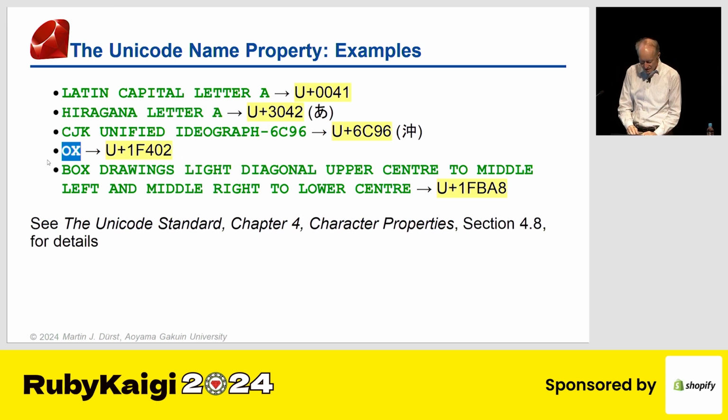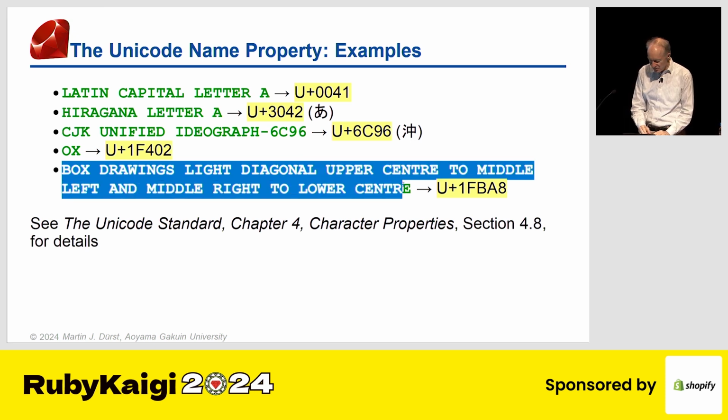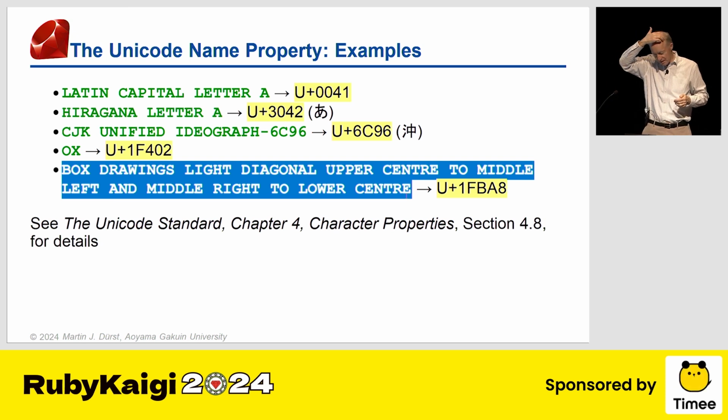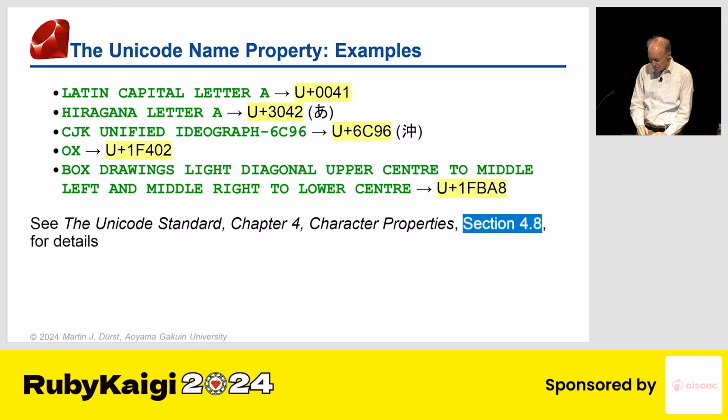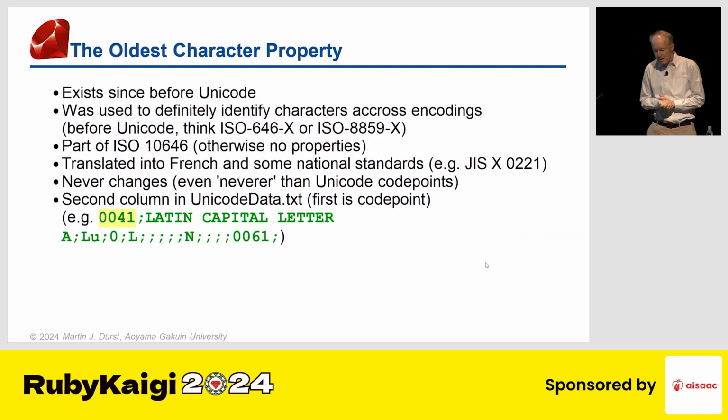But you can also have very, very long names, and if you read that name very carefully, you can actually figure out what it is: upper center to middle left, and middle right to lower center, so it's two diagonal lines like this in a square, and it's light, thin lines. Anyway, you can find more details about the name property in section 4.8 of the Unicode standard.